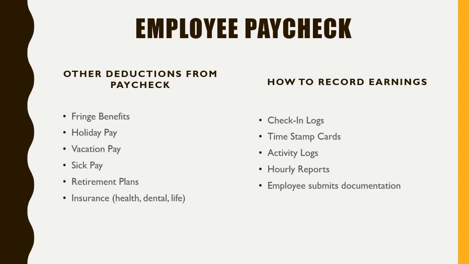For example, MGM's fringe benefit is that they can get their hotels discounted. They can even get show tickets discounted. And if they show that they're an employee of that place and they dine there, they can also use their employee discount. So that's considered a fringe benefit. That is going to be deducted 100% from your paycheck, because nothing is free.